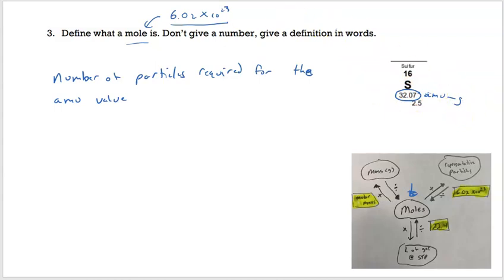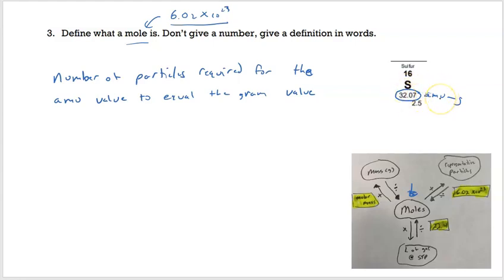All right, so this is how many particles are required for the AMU value to equal the gram value. So again, a single atom of sulfur has a mass of 32.07 atomic mass units.